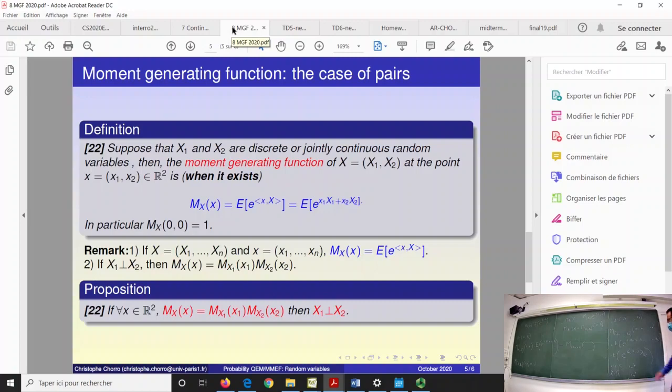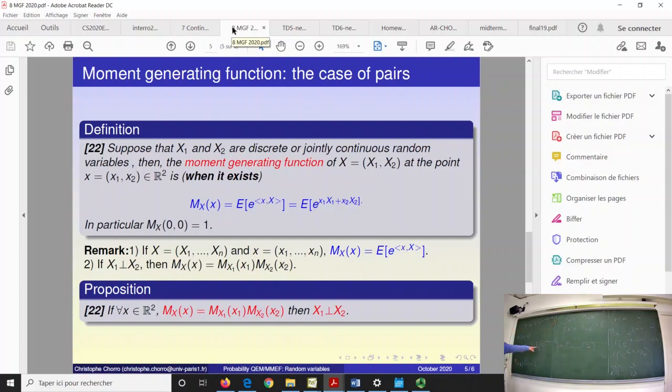So what is the point missing here? 1. Have a look at the definition of the moment generating function for a single random variable. If I replace X by t X1 plus s X2, so I don't write a t here but let's write a u, I obtain the exponential of u times (t X1 plus s X2).